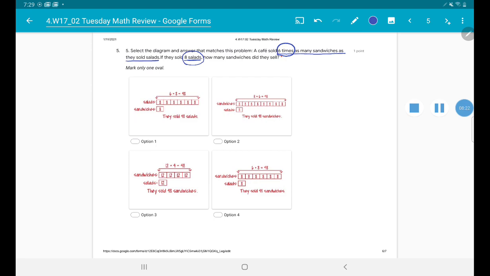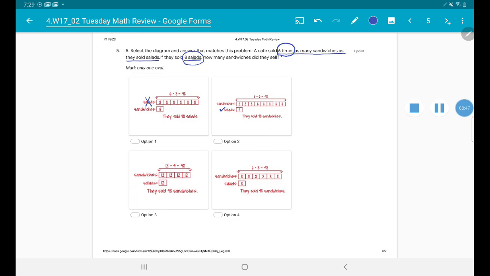All right. So if I look at this first option, that shows that they sold 6 times 8 salads and only 8 sandwiches. So I know that one's going to be incorrect. So if I look at option 2, it shows that they sold 8 salads. So that part's correct.